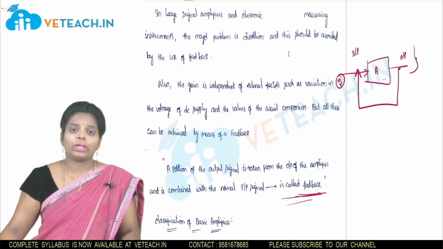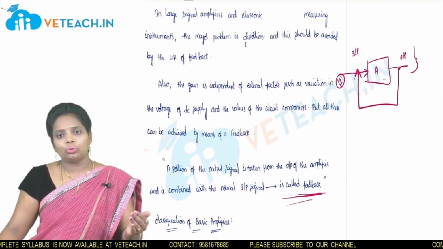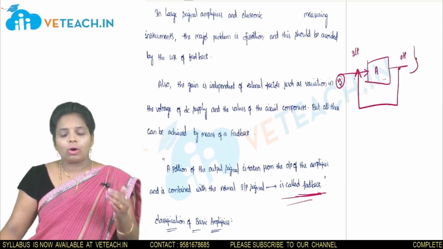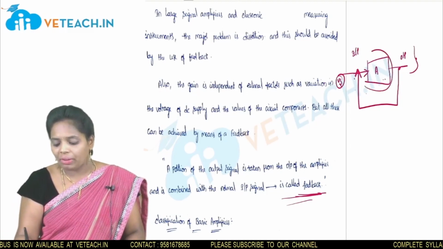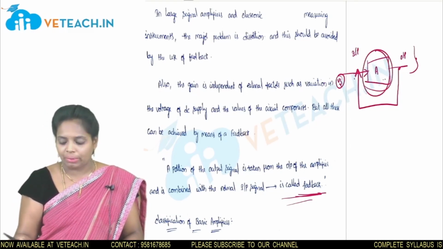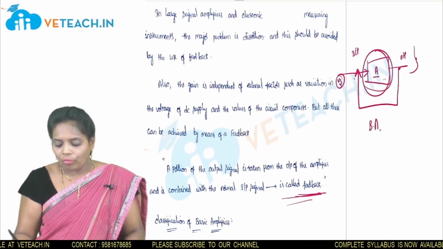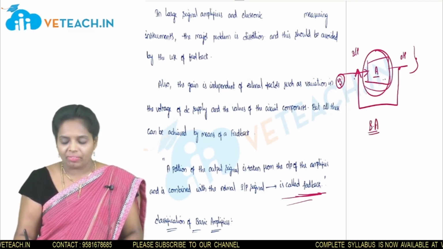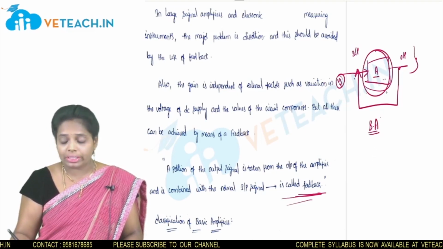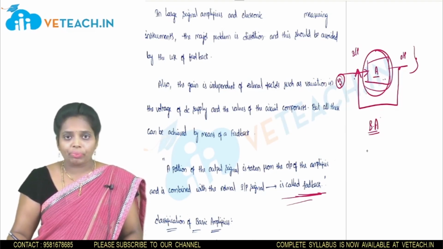Now, before going to feedback amplifiers, we will see what amplifiers are generally presented. These are called the basic amplifiers. What is the classification of basic amplifiers? What are the different types of amplifiers used in feedback amplifiers?